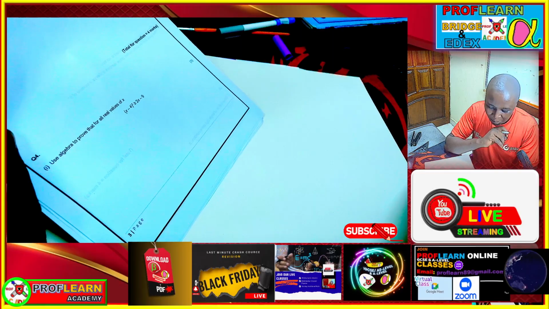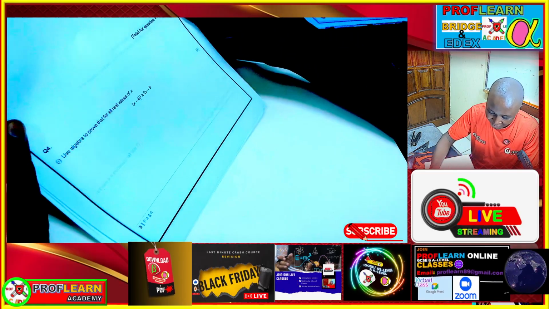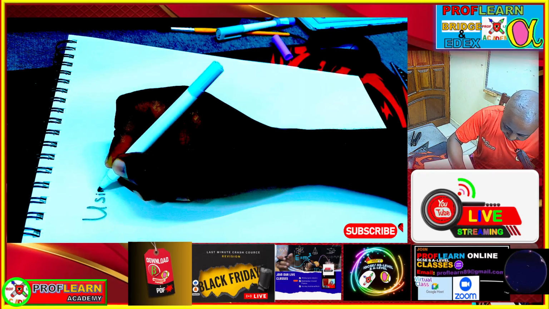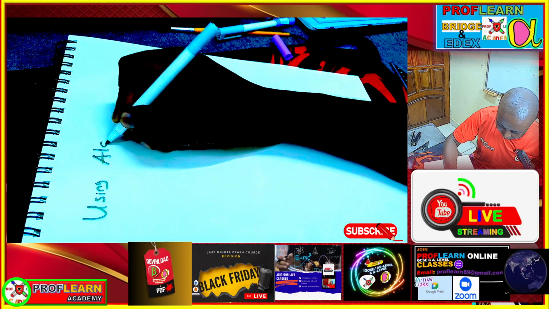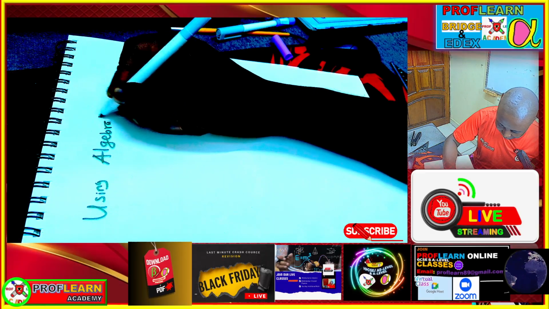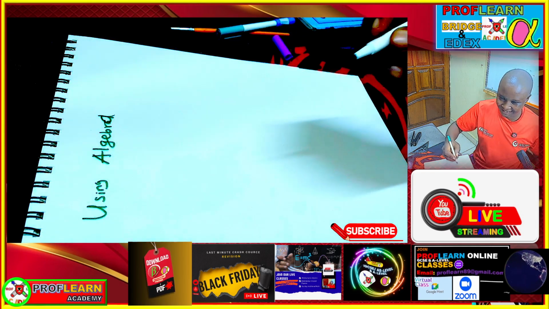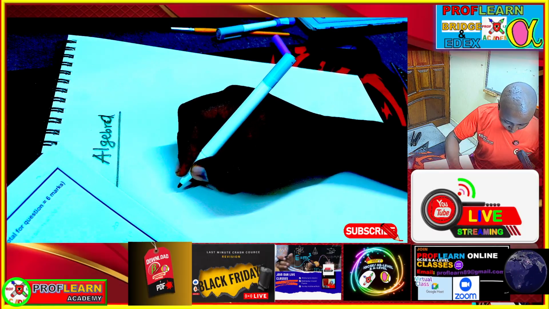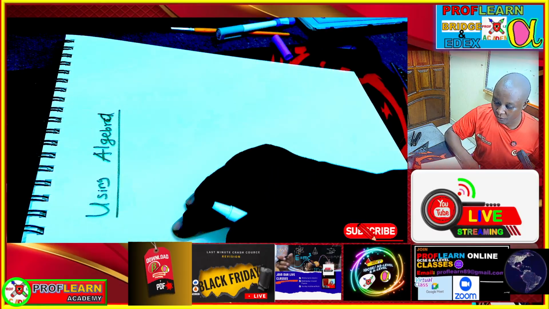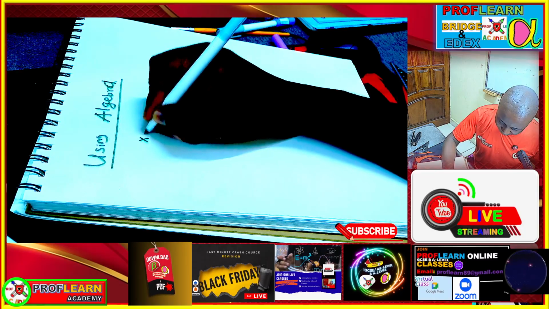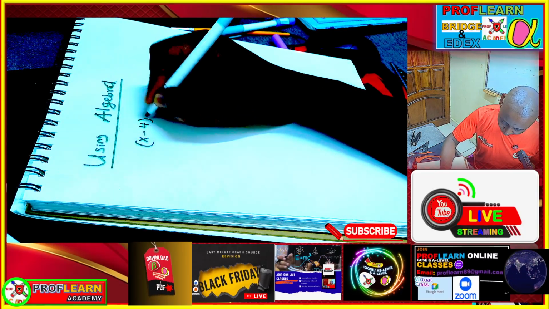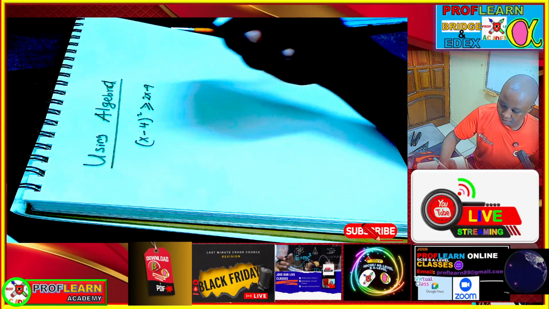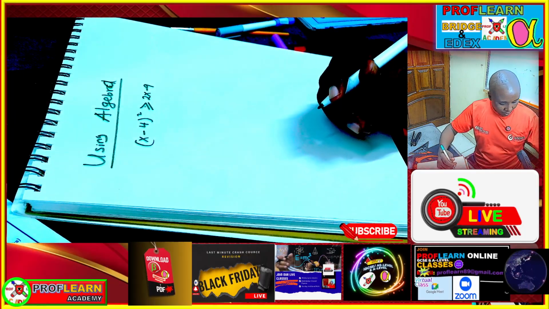Use algebra to prove that for all values of x, x minus 4 squared is greater than or equal to 2x minus 9. That's exactly what we are going to show.